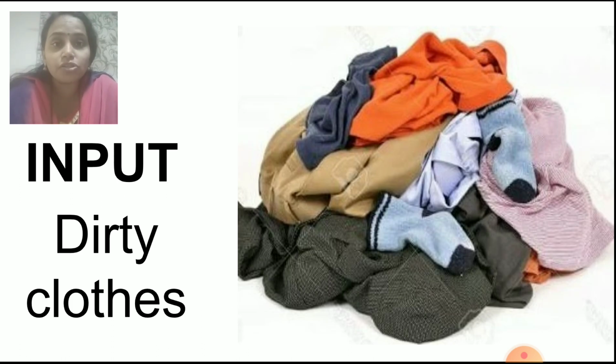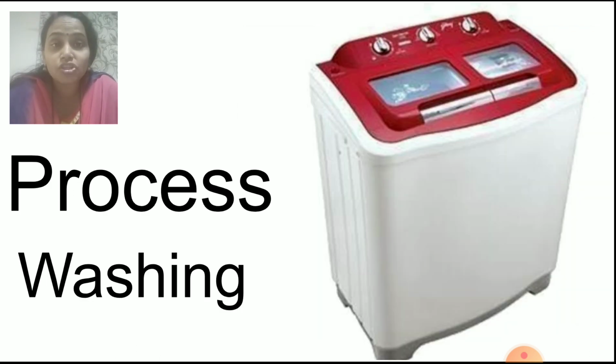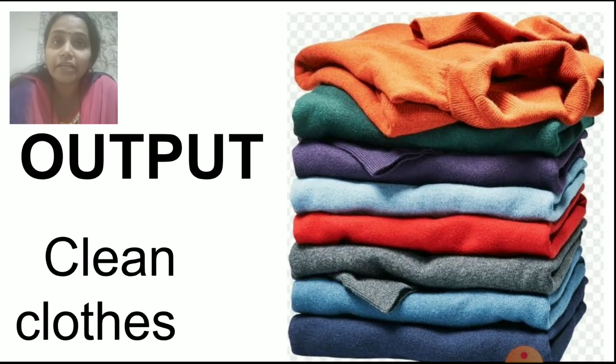Same way, I will give you one more example. Take dirty clothes. When you want clean clothes, what process do you have to do? You have to wash it. Washing the clothes is a process. Wash in the washing machine. After washing clothes, we get washed clean clothes.